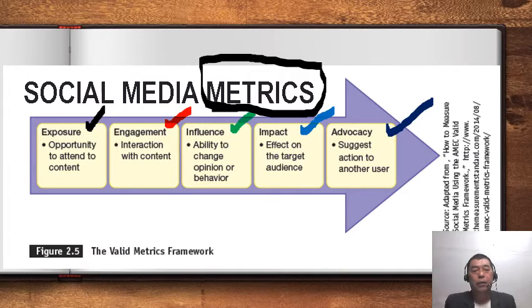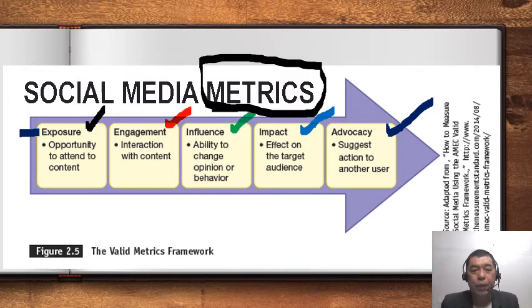All right? So when we talk about exposure, we are referring to the opportunity to attend to content. The main body of your social media is the content. So what are the opportunities that you can see?